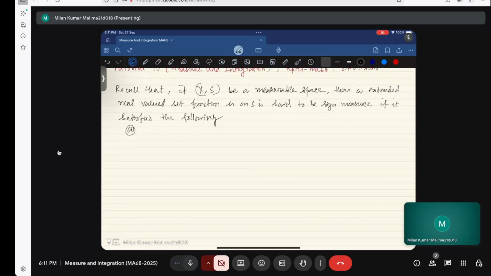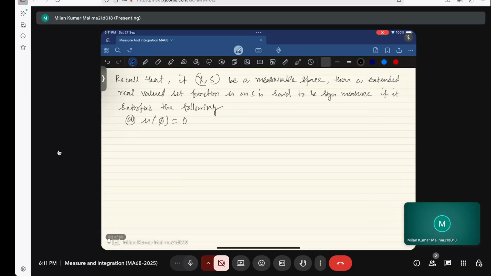First condition is that mu of empty set has to be zero. This is there for the usual measure situation. Second condition is that mu can take at most one of the values plus infinity and minus infinity.